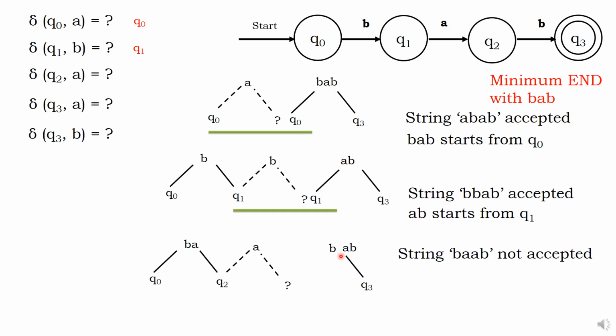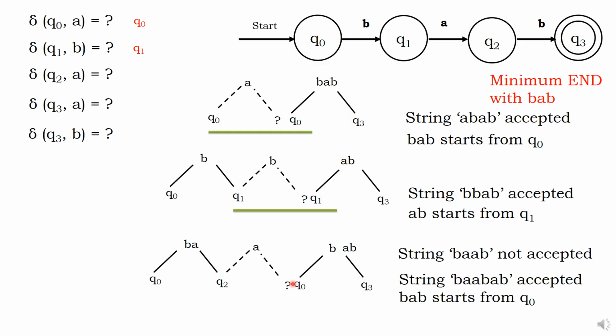That is the reason hereafter we will do this modification. BAB. If that is the case, this BAB is this BAB. What is next? Q3. What should be before Q0? So it should be Q0. So this is the total BAABAB, accepted. So obviously here it should be Q0. We'll see more detail in the next work.